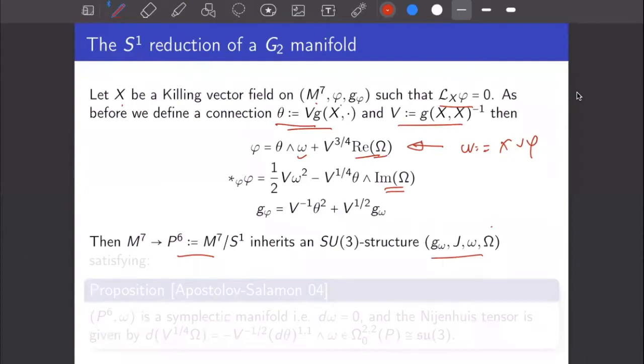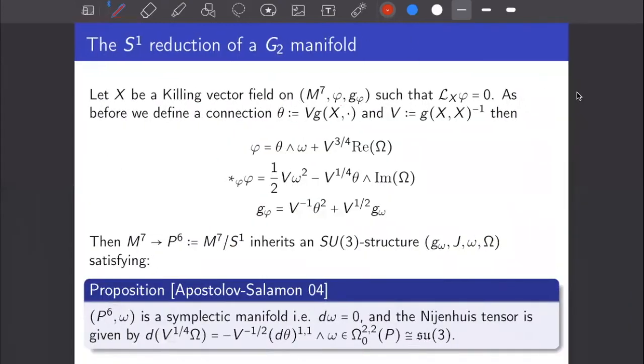So capital Omega here is the (3,0)-form, omega here is a form of type (1,1). We have an almost complex structure J here, and g here is the induced Riemannian metric on the quotient space.